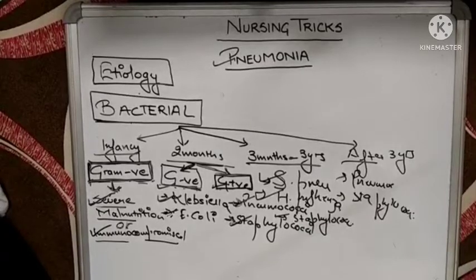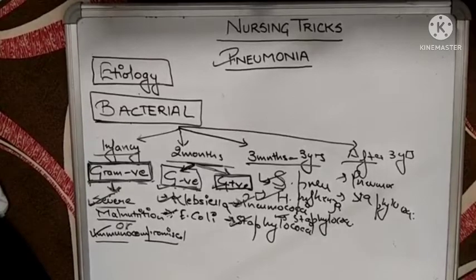In 3 months to 3 years of age group, it is streptococci pneumoniae, Haemophilus influenzae and also the staphylococci. And after 3 years of age, if pneumonia is there in a child, we can say it can be because of the pneumococci or the staphylococci.